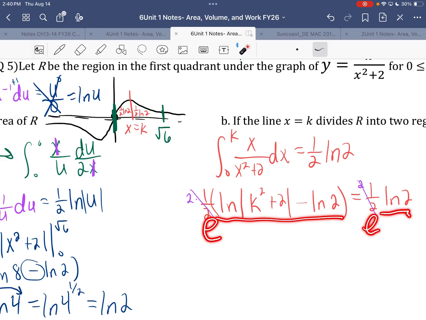So you can't cancel out these logs right here, and I can't e everything. When you're exponentiating, one side is the exponent for the base, and the other side is the exponent for the base. So you need to get those logs to be one term. Or maybe a smart idea, maybe add the ln 2 to the other side.